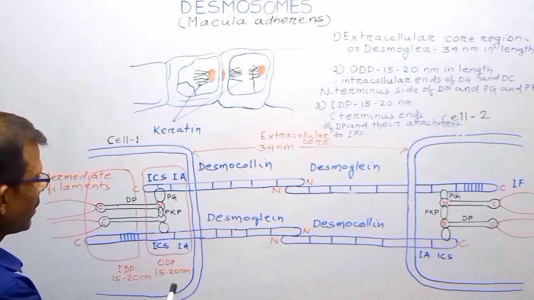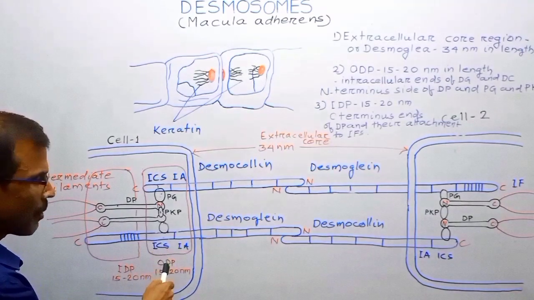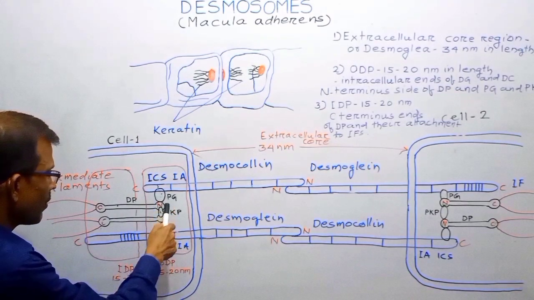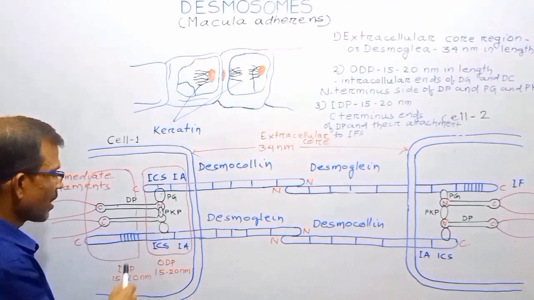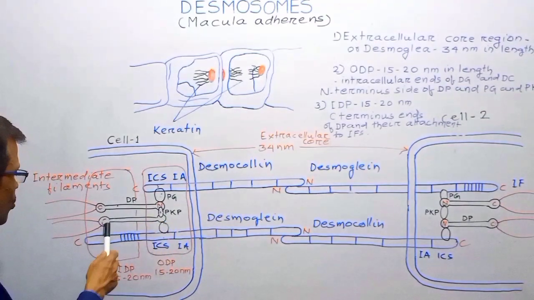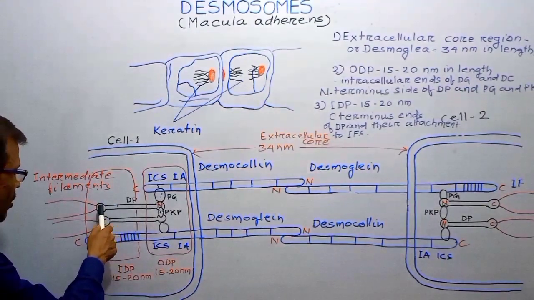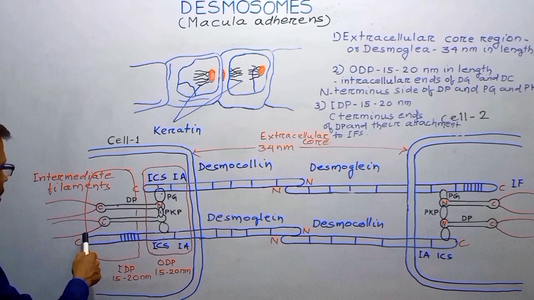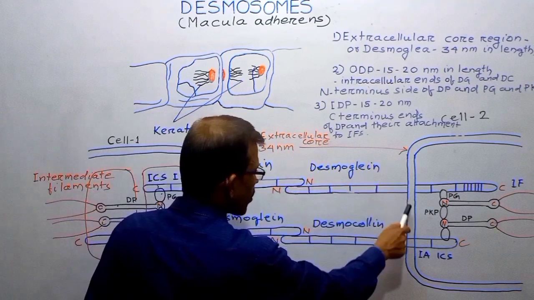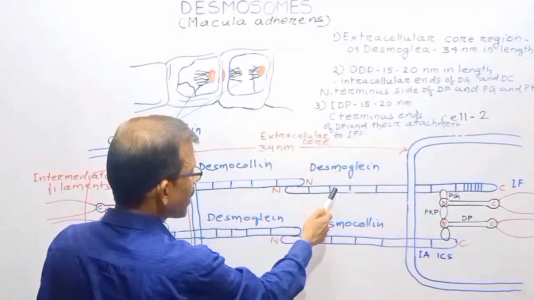It contains the intracellular tails of desmoglein and desmocollin, plakoglobin, plakophilin, and the N-terminal end of desmoplakin. The third zone is the inner dense plaque, which contains the C-terminal end of desmoplakin and its attachment sites with the intermediate filaments. In the extracellular core region, there is adhesion between desmocollin and desmoglein.